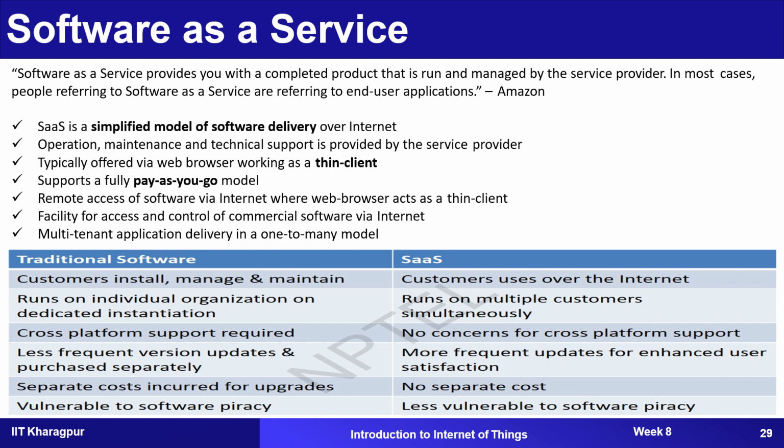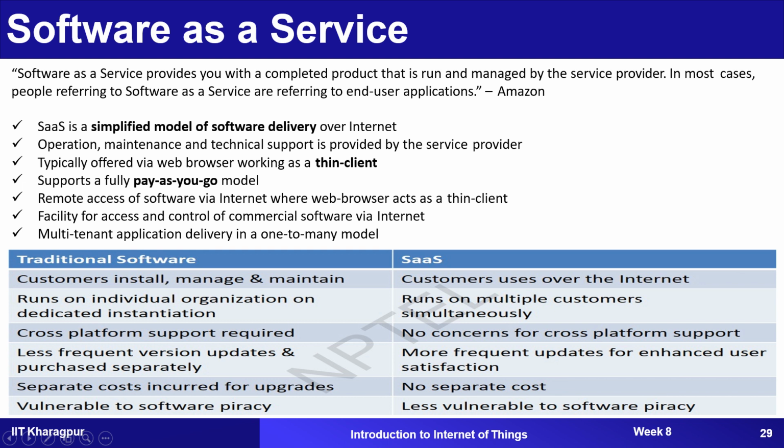Now this table is showing the difference between your traditional software and the software as a service. So in case of your traditional software, customer install, manage and maintain the software. However, in case of your software as a service, customer uses the particular software over the internet.